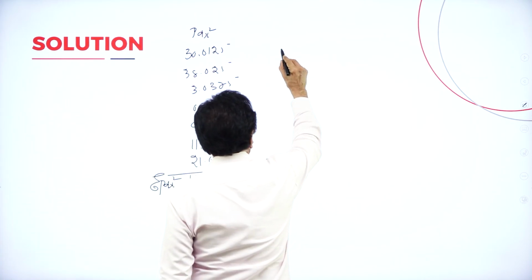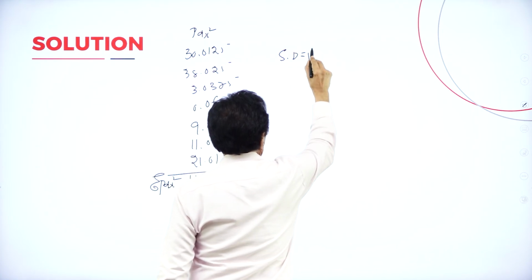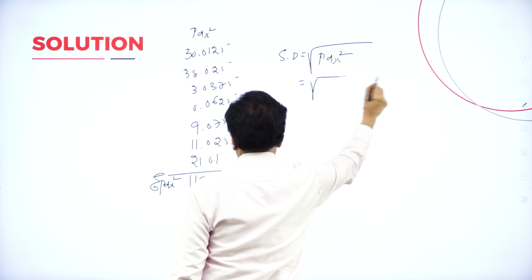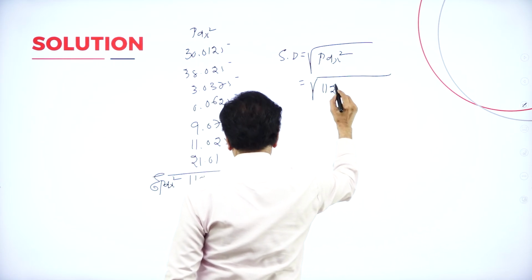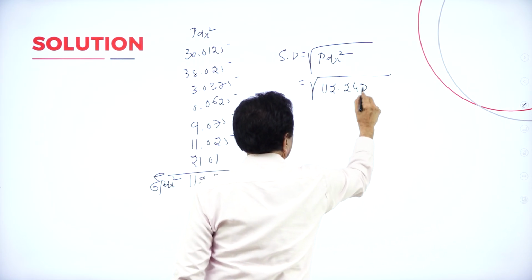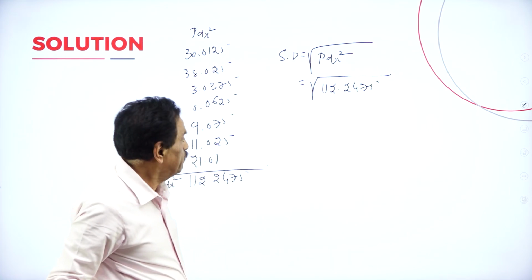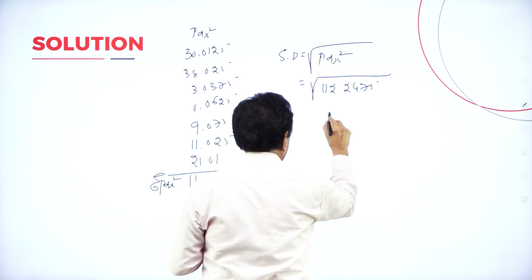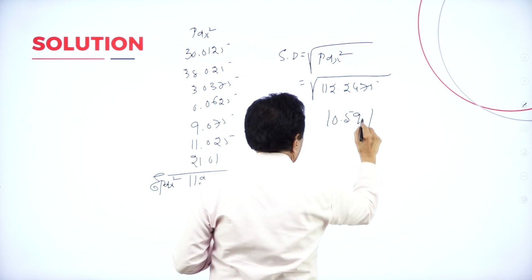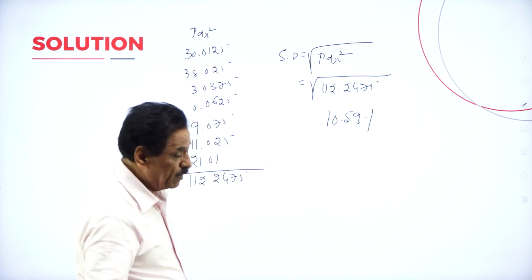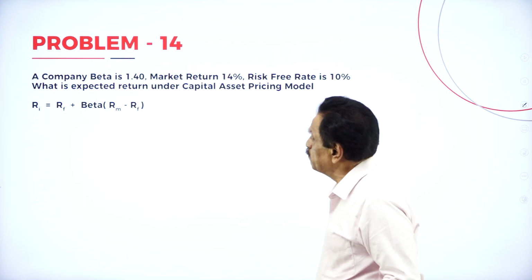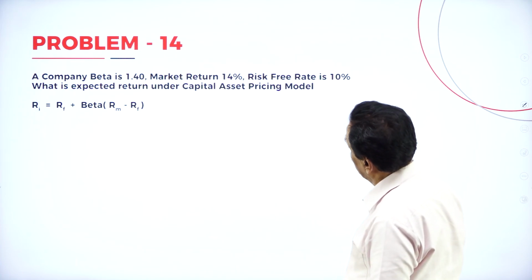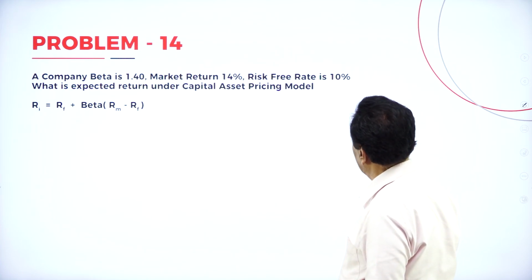So standard deviation is equal to root of sigma P dx square, root of 112.2475. Root of this is 10.59. That is the answer.